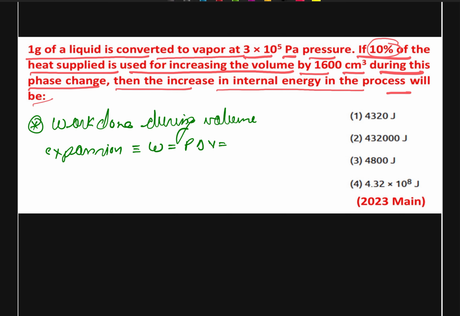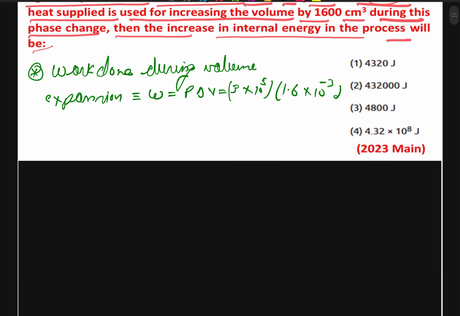P is our pressure, which is 3 into 10 to the power 5, and change in volume is 1600 centimeter cube, so we multiply by 1.6 into 10 to the power minus 3. Therefore from here we get that our work done is equal to 480 joules.